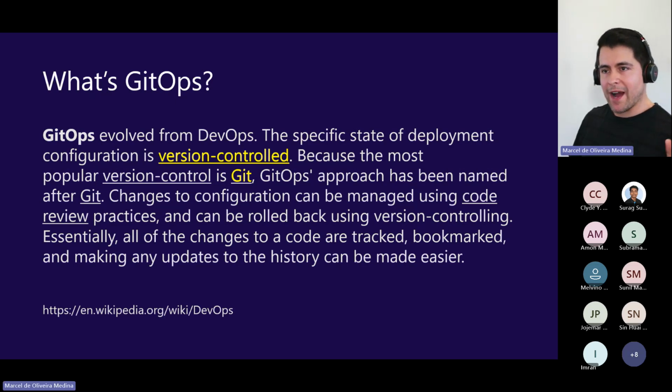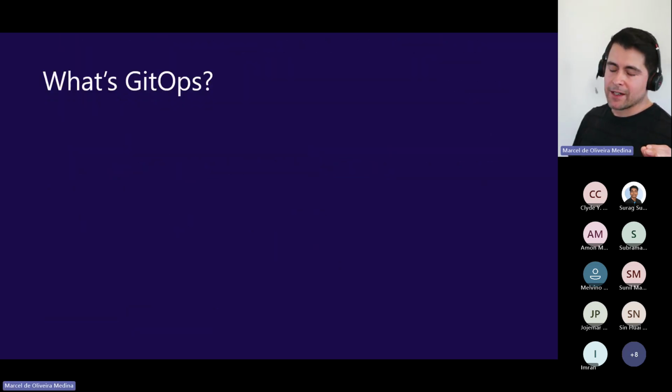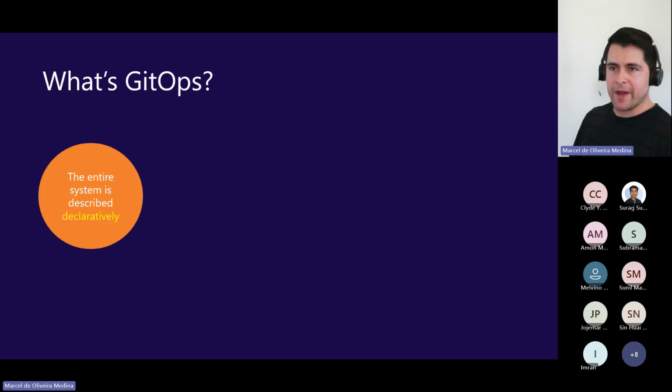So when we combine that, we still have some principles with GitOps, right? Because it's version controlled, but we have more than that. Some principles with GitOps are that your entire system is described declaratively, so you're basically leveraging configuration.